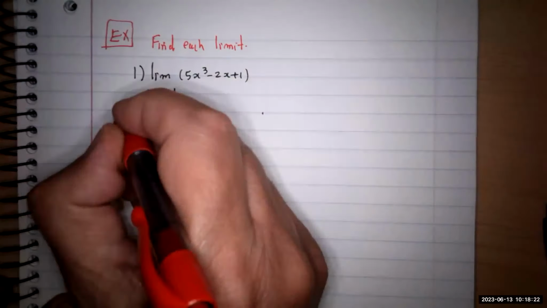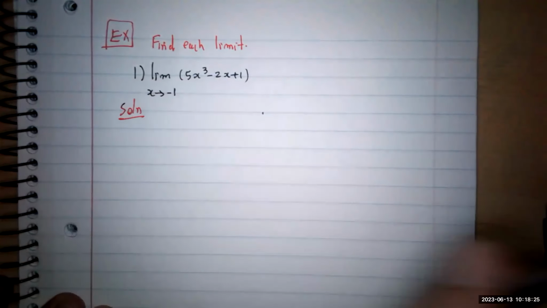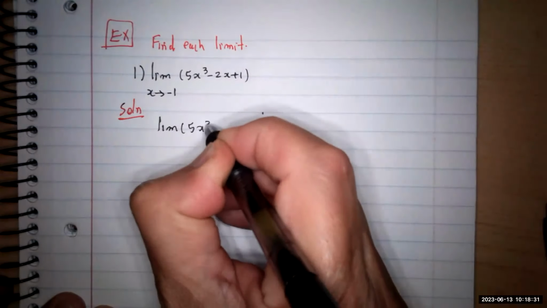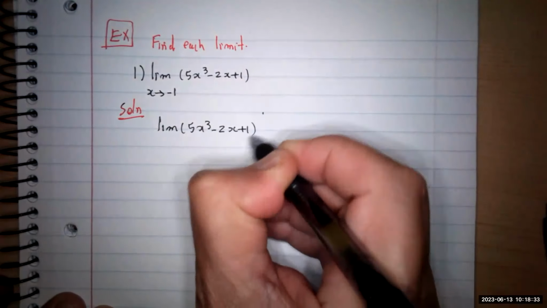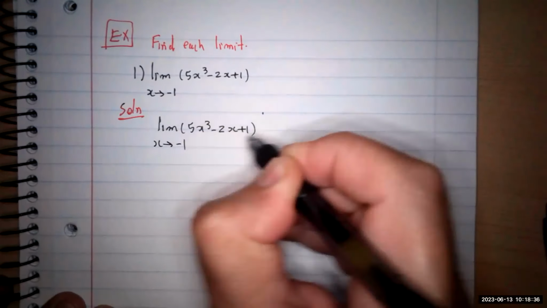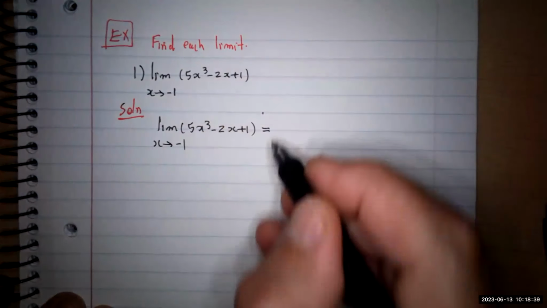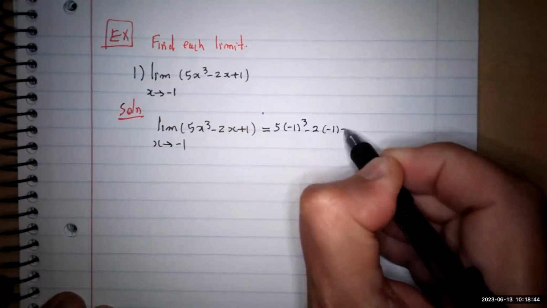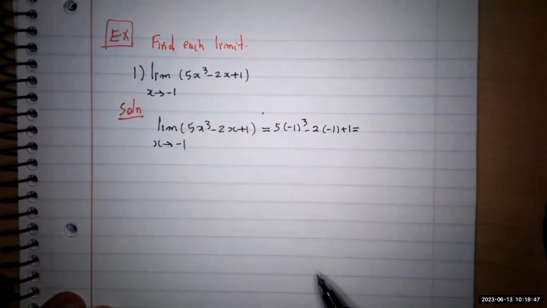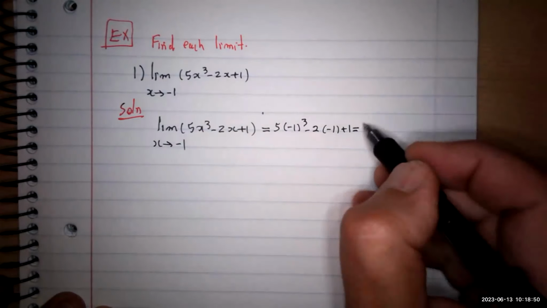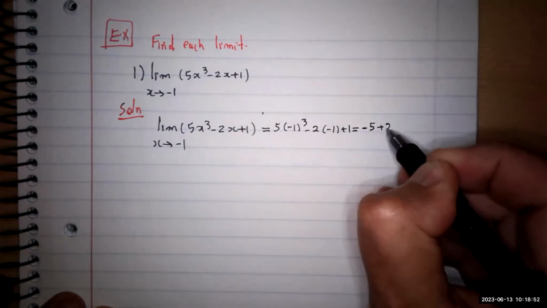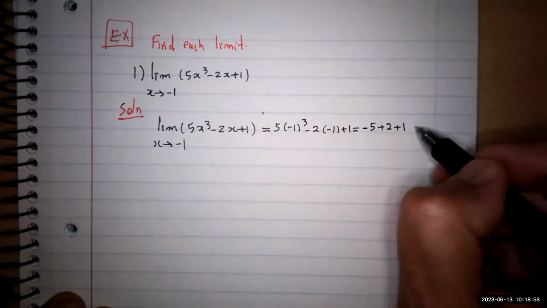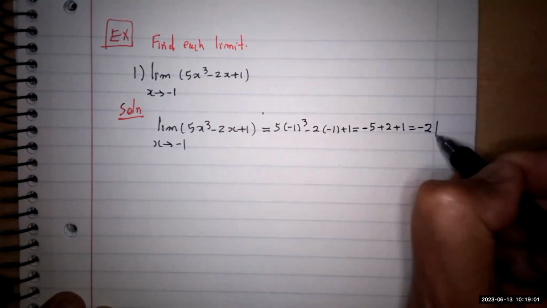Solution. This is the way we do it. You just write down the limit of 5x cubed minus 2x plus 1 as x goes to -1. Since it's a polynomial, use direct substitution. Use parentheses when you're substituting: 5 times (-1) cubed, minus 2 times (-1), plus 1. (-1) cubed is -1, so that's -5 plus 2 plus 1, which is -2. That's the final answer, and you're done.